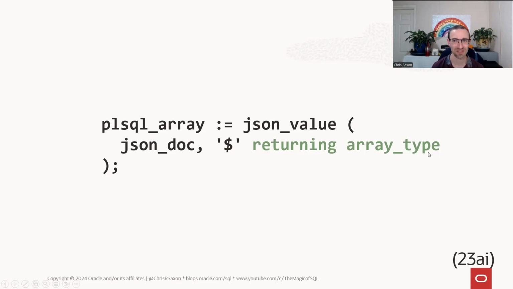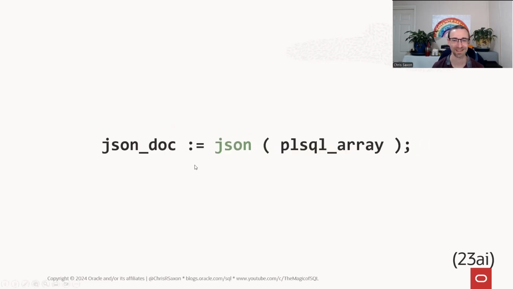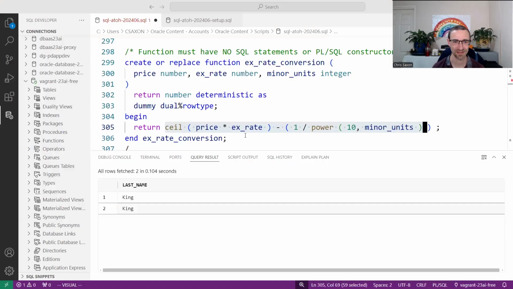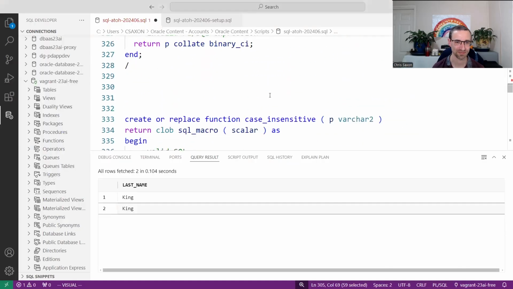The database does the mapping for you based on the attribute names in the record, or if it's an array, the indices of those. If we want to go back the other way and have an array or record we want to convert to JSON, it's even easier. You just pass it to the JSON constructor and you're done, right? Okay, so again, there are some details. So let's just jump into a demo and look at those in a bit more detail.